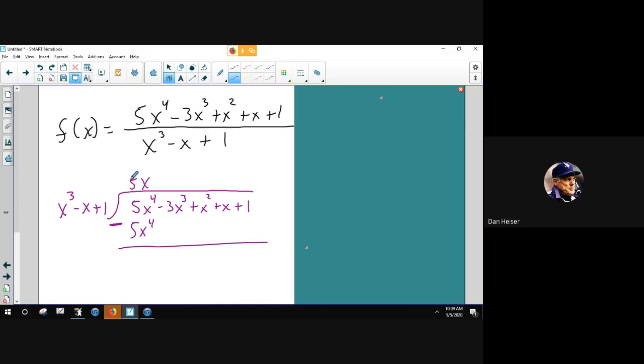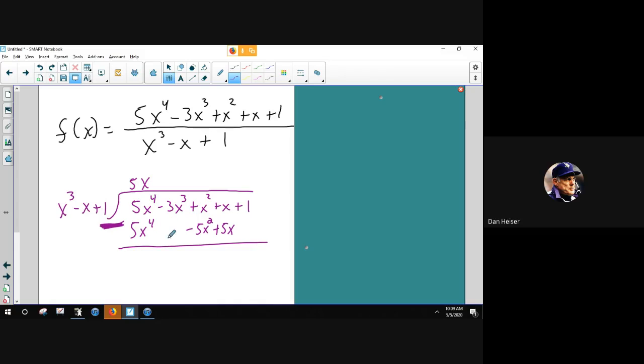But I also have to multiply 5x by everything else. 5x times negative x is negative 5x squared. 5x times 1 is 5x. Big, gigantic minus sign to remind us what we're doing. 5x to the 4th minus 5x to the 4th is gone. Perfect. Negative 3x cubed minus nothing.